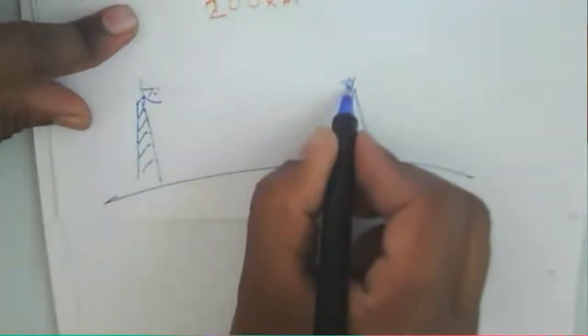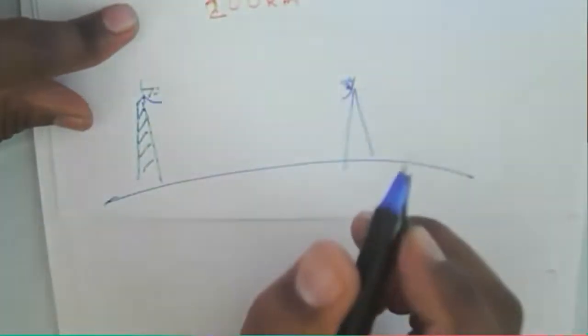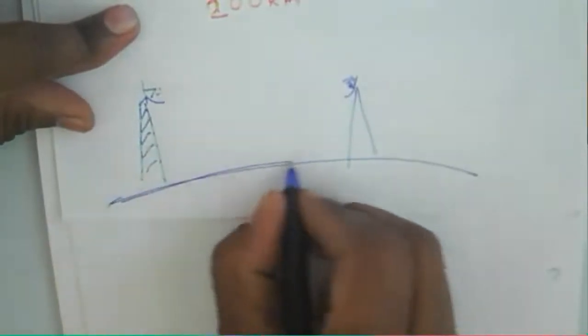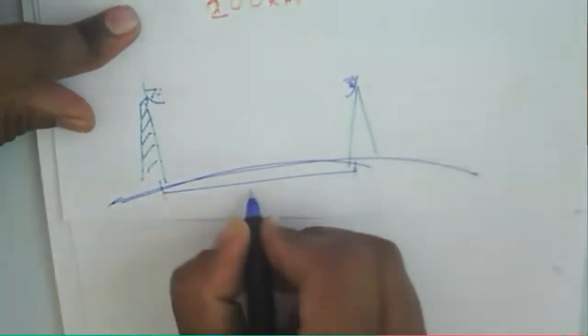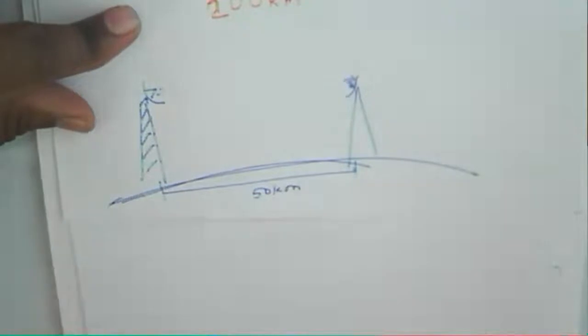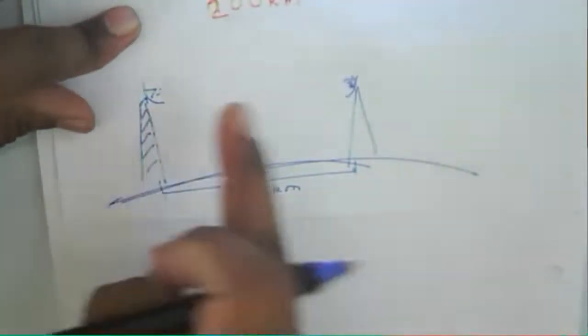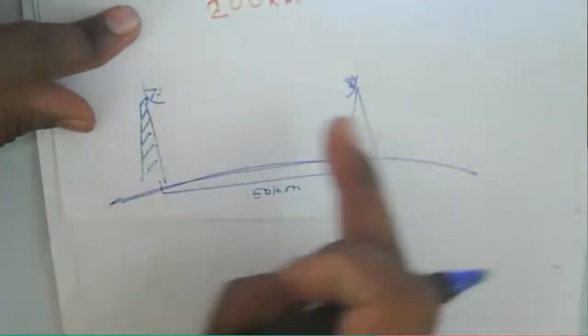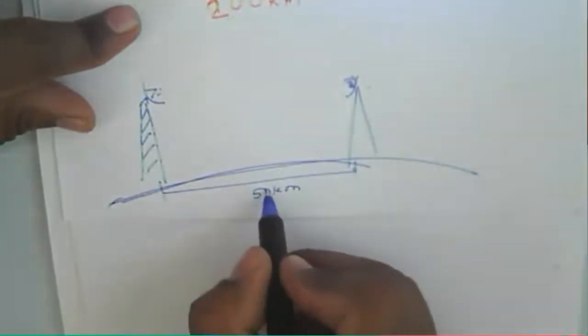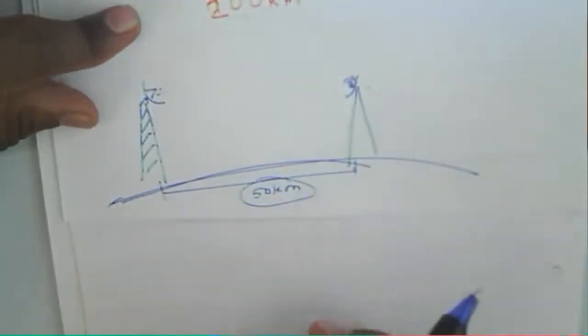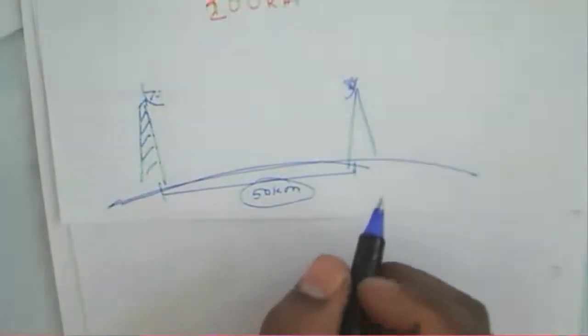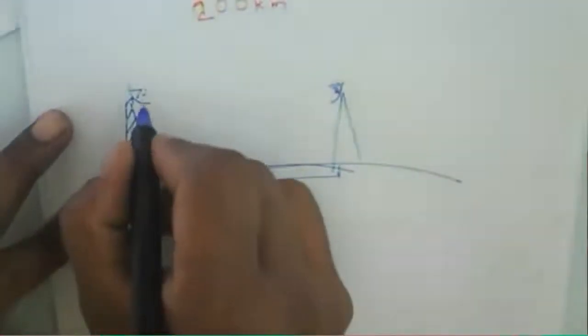For line of sight communication from one tower to another, because of the earth's curvature we could not send the signal directly beyond 50 kilometers.